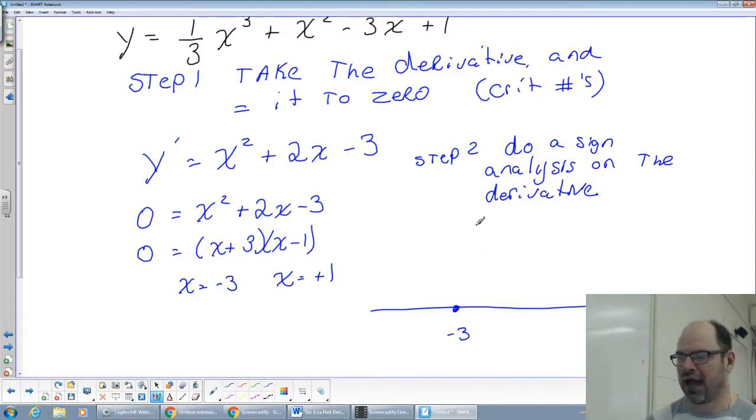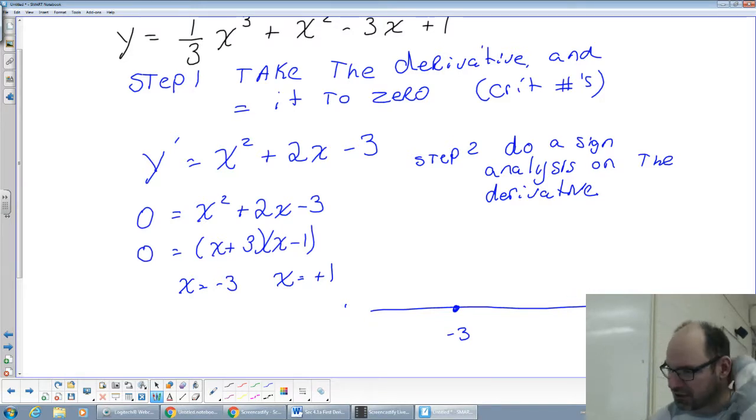Then we analyze what happens to the curve. Now we could do the whole curve here and see what the value of this curve is below negative 3 and above it, and then below 1 and above it.